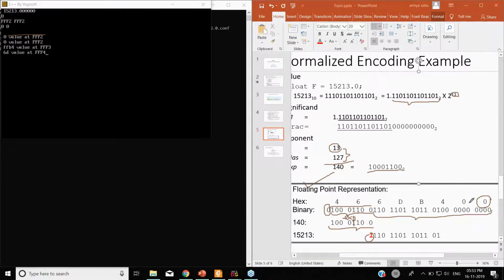So I have to take the whole byte, 00000000, which is the 8-bit binary number. So 0 is the value, and that is what has been signified here: 0 at the location FFF2, the first byte of the floating point number.